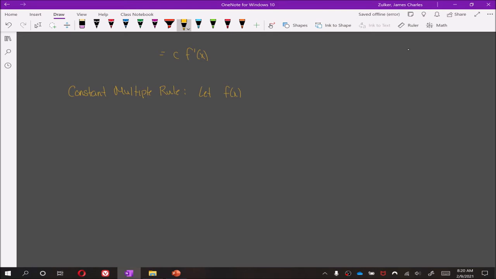Let f of x be a differentiable function, and let c be any real number.